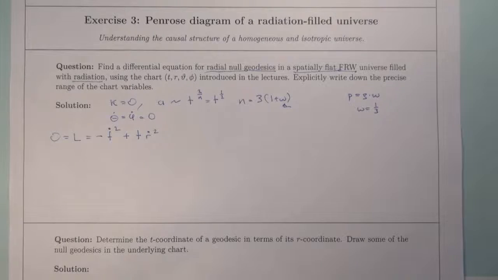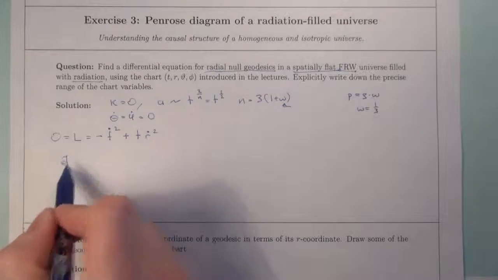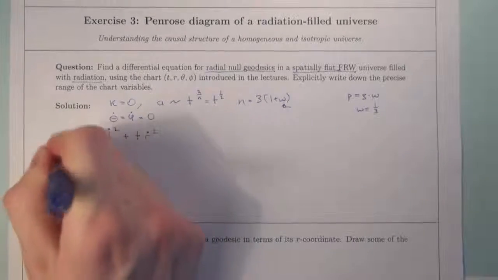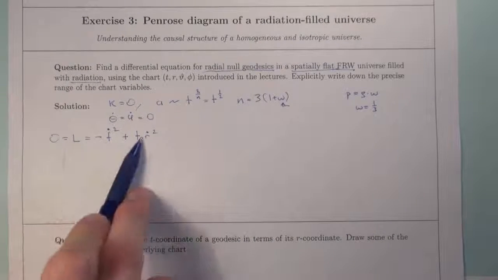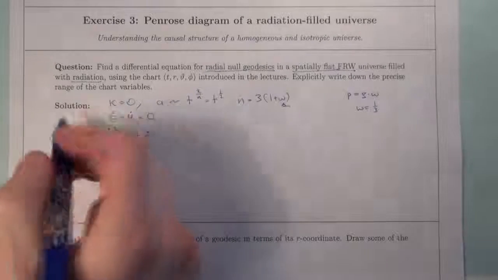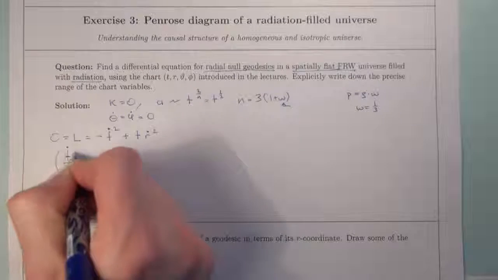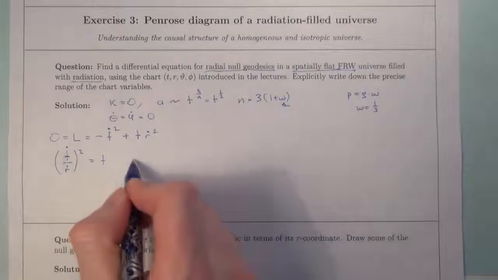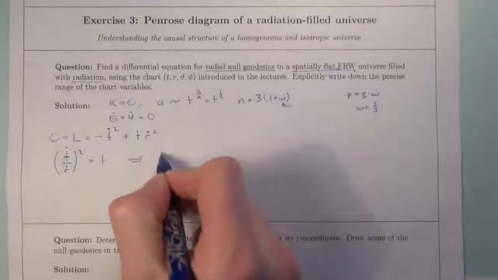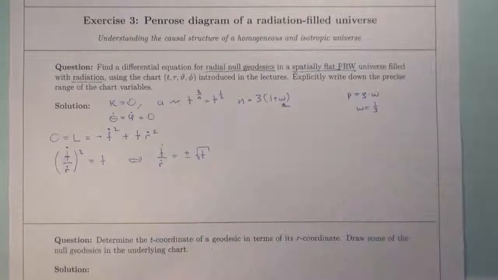So this is our Lagrangian, and we can do some reordering here. That means we put this to the other side and divide by r dot squared. We have t dot over r dot, the whole thing squared, equal to t. Now we take the square root, so t dot over r dot equals plus minus square root of t.